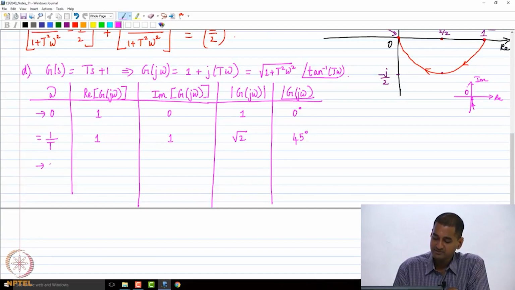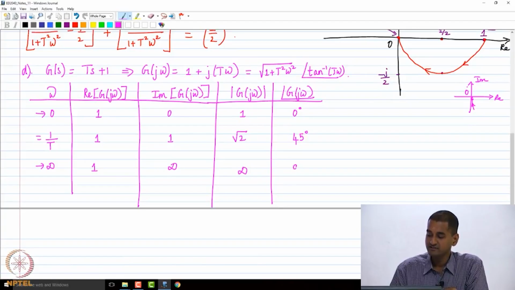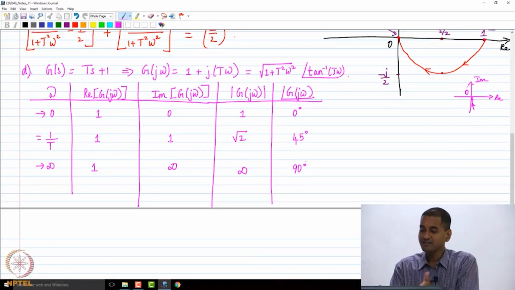Then as omega tends to infinity, what do you get? 1, infinity, infinity, 90, right? That's what you will have. Am I correct? I am just looking at the equation above, that's all we are doing.